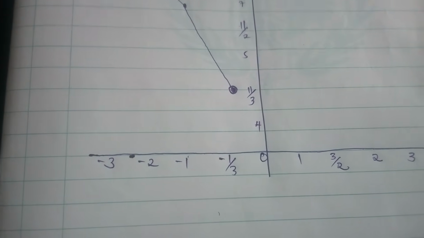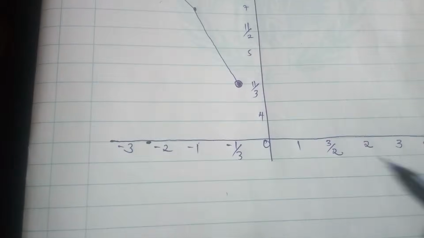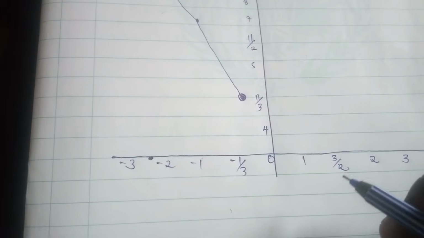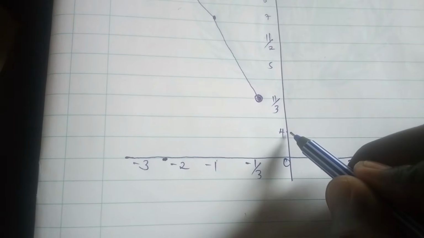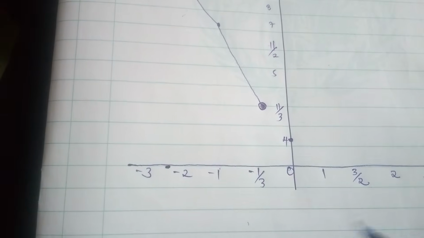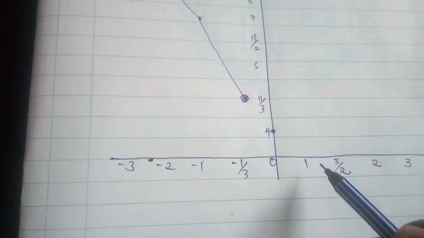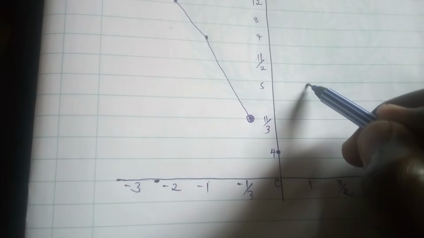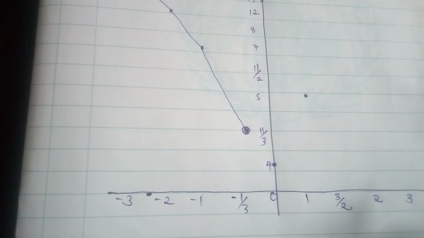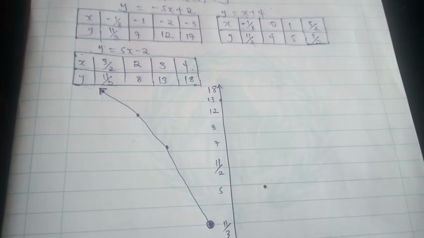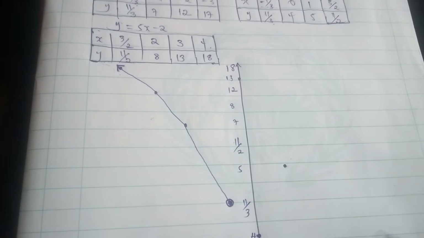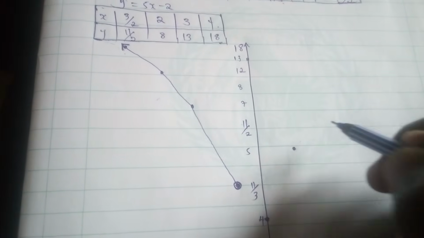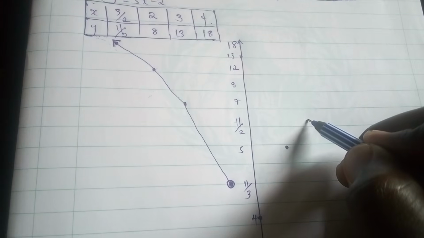Now from there you are having 0, 4. 0, 4 is supposed to be here, and then 1, 5 is supposed to be that side, and then 3 over 2 comma 11 over 2. 11 over 2 supposed to be there.